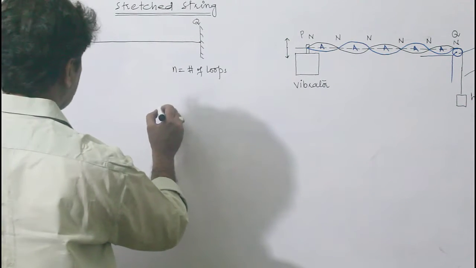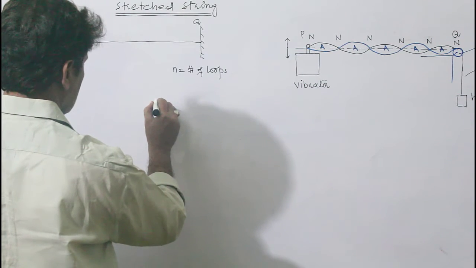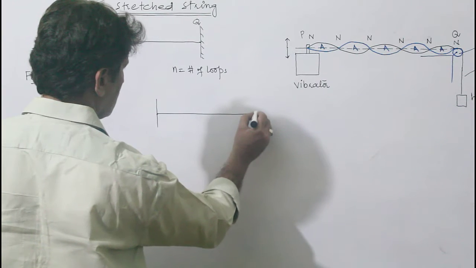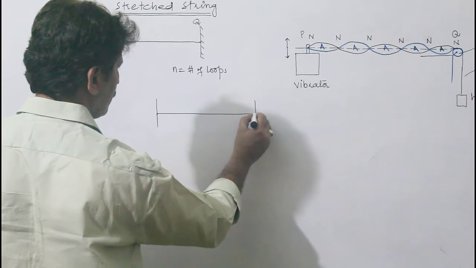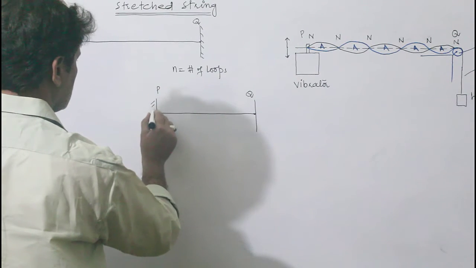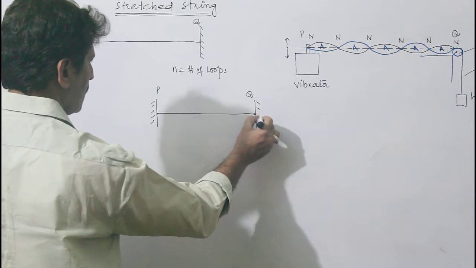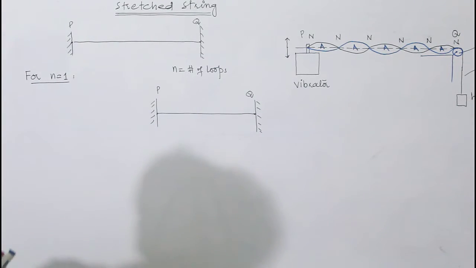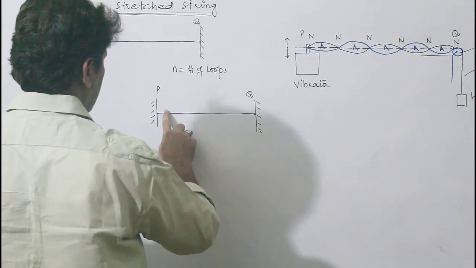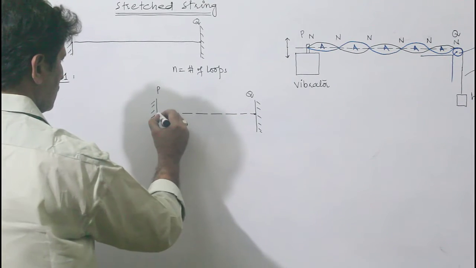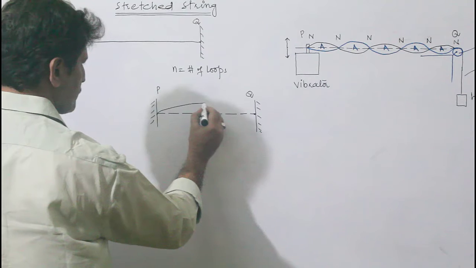Now here it is point P and it is point Q. Now I will pluck this string from the middle position, and at time t equals 0, the position of this string will be like this.